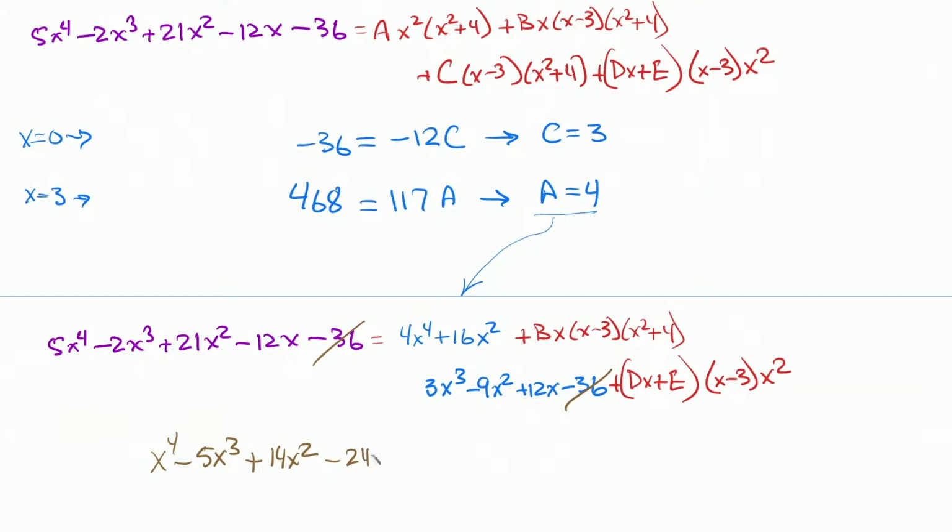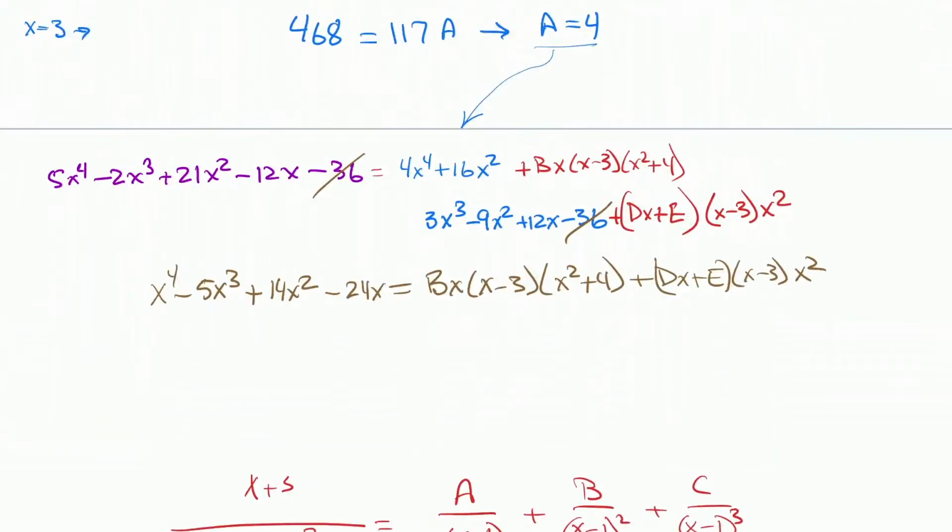Negative 24x. All right, now what's left over here is the bx, x minus 3, x squared plus 4, plus dx plus e, x minus 3, x squared. A little bit more cleanup here before we move on, and that is I can cancel out one of the x's. And I'm wondering if I can also factor out an x minus 3.